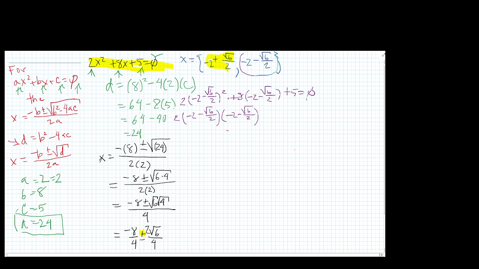I'm going to do some steps to make it easier. So it's 8 times 2, and it's going to be a negative 16. And we're going to have a negative here, and 8 over 2 is 4, so we're going to have 4 square root of 6 here.